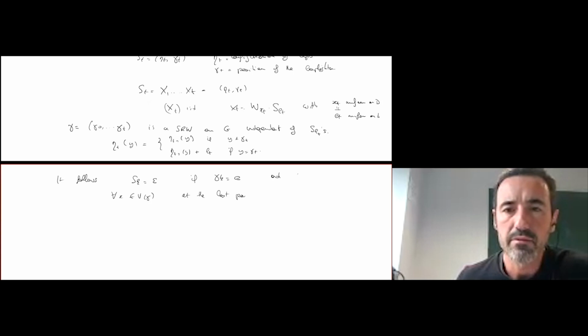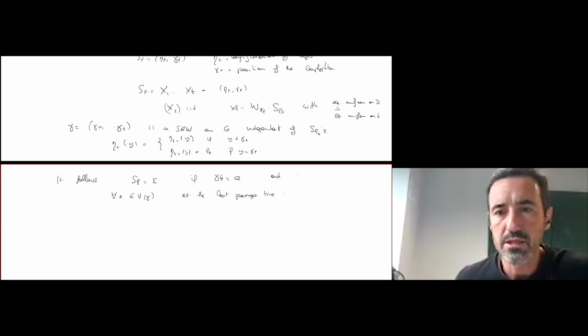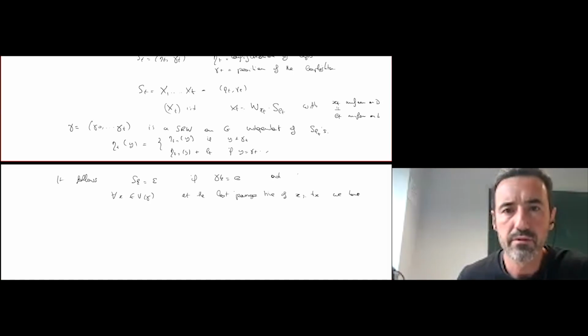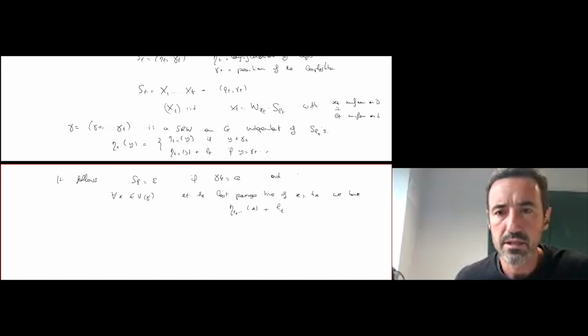So the last time that you visit x, if the last passage time of x, let's call it T_x, you must have that, due to this relation here, eta_{T_x - 1} of x, by definition, plus L_{T_x} should be equal to 0.